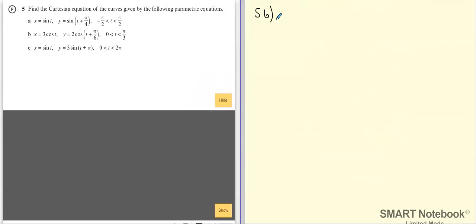So 5b, find the Cartesian equation of the curves given by that. So 5b, we are looking at x equals 3 cos t. Can't do anything with that really apart from to say x over 3 equals cos t. What can we do with the right hand side? We can use the addition rule.